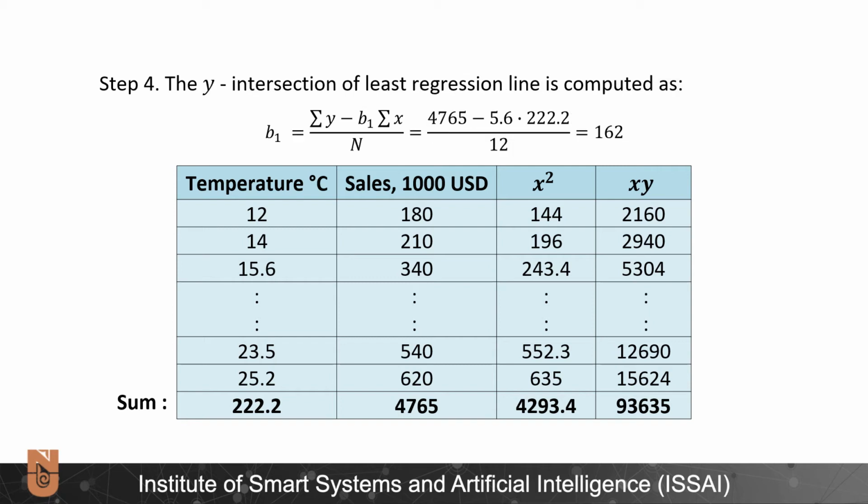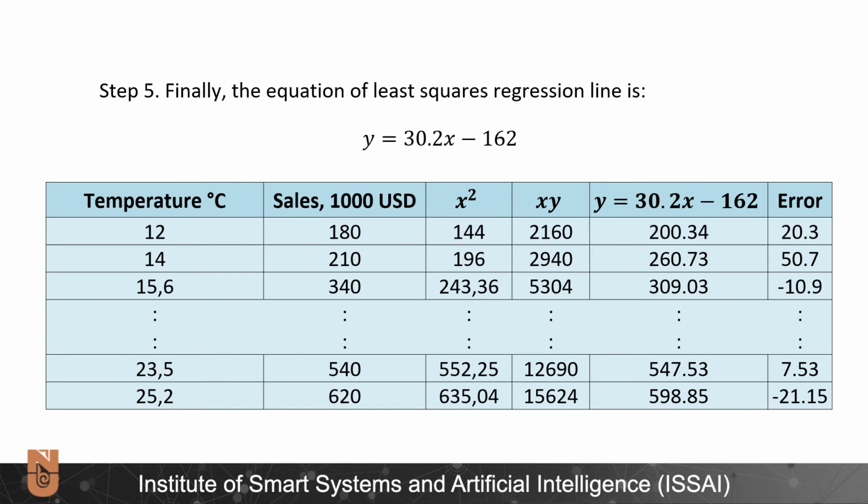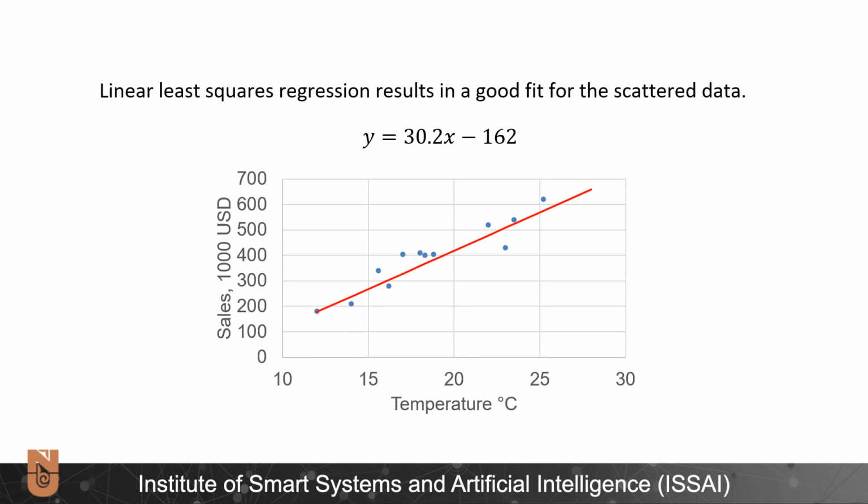We calculate y-interception of least regression line, which is equal to 162. And finally, step 5. The equation of least squares regression line is as follows. Y equal 30.2x minus 162. Let's have a look at this plot to see that linear least squares regression results in a good fit for the scattered data.